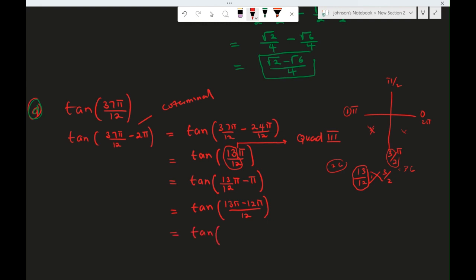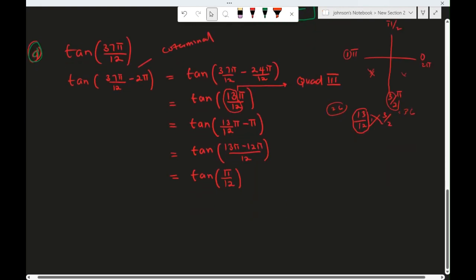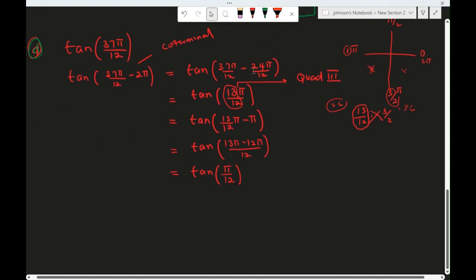And this is just going to be tan of pi by 12. You see? Now you have tan pi by 12.